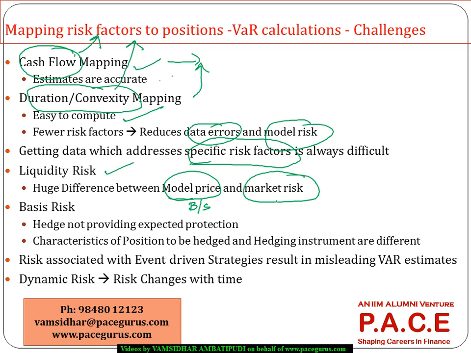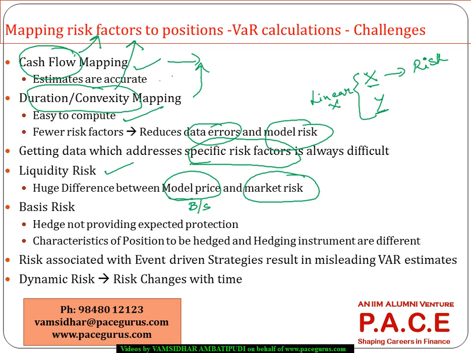Then there is also a possibility of basis risk coming up, especially when I am using the risk in X and trying to hedge it with Y. If X and Y are not moving in a similar way, or they do not have a linear relationship between them, there is a possibility of basis risk arising between the two.